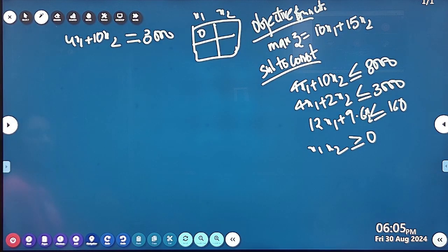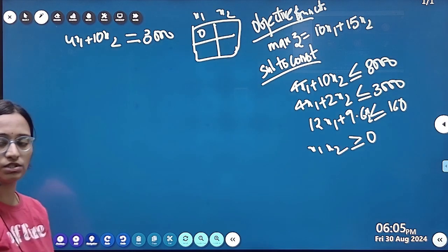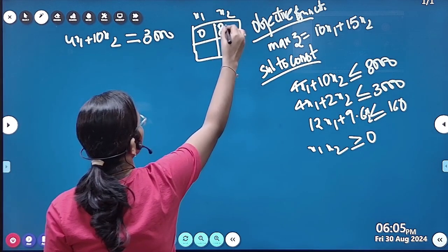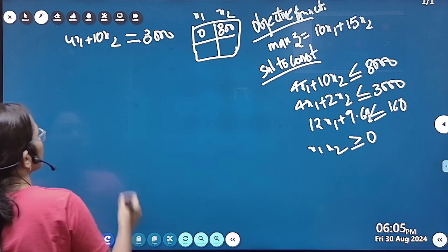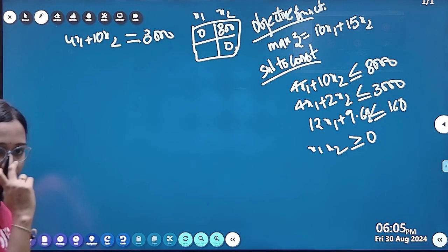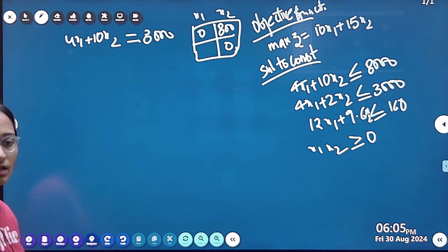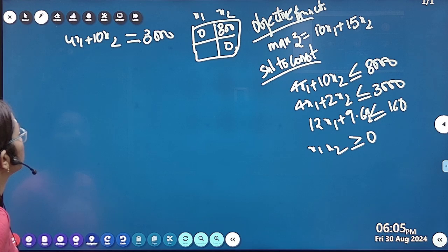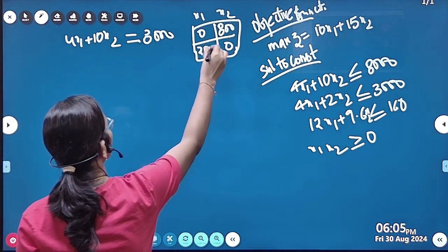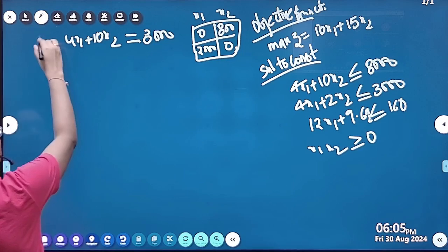So tell me the amount. x2 is equal to 8000 divided by 10. How much? 800. So now here x2 is 800. Now if we put x2 as 0, what will be x1? 2000. Next one, this is the first equation.